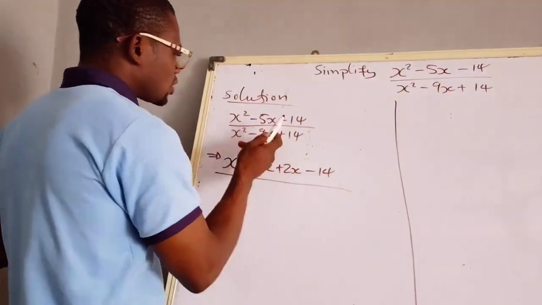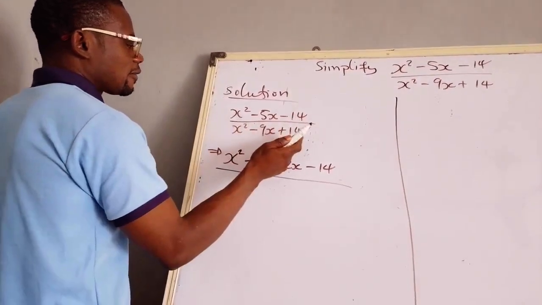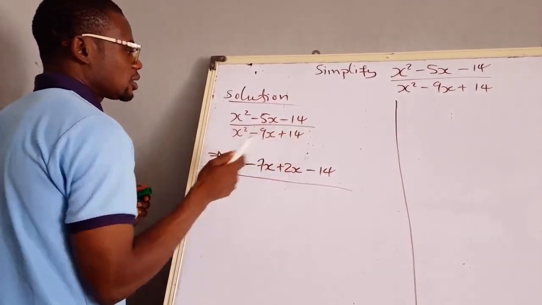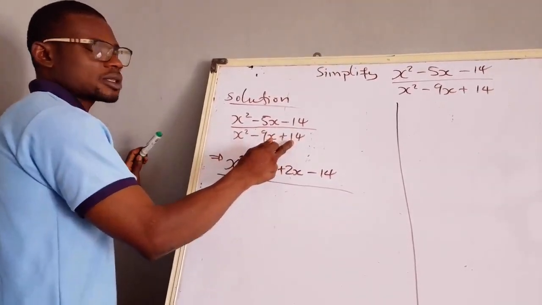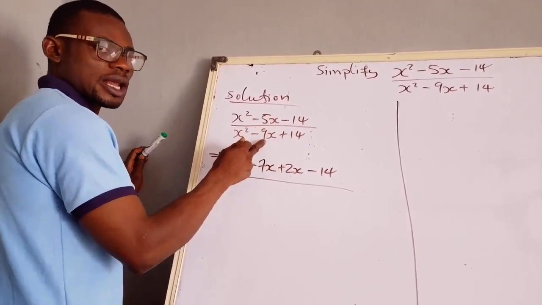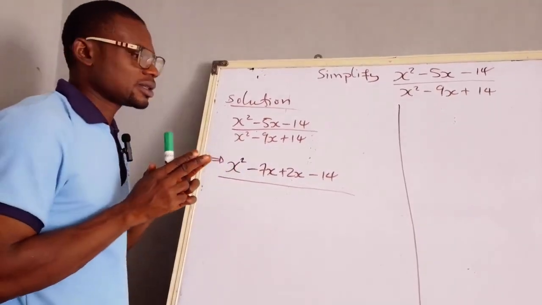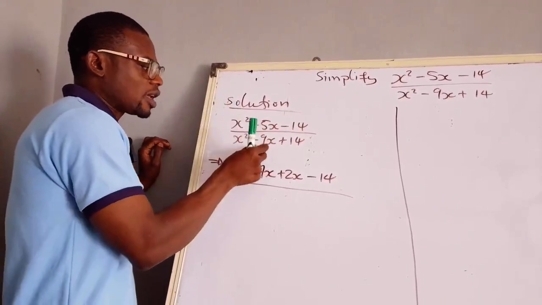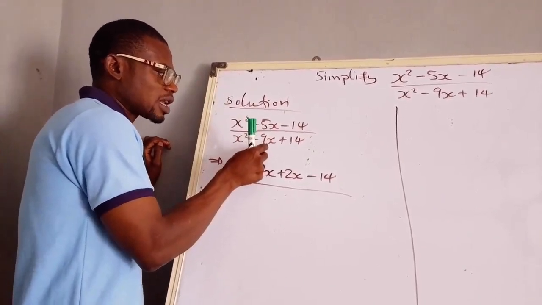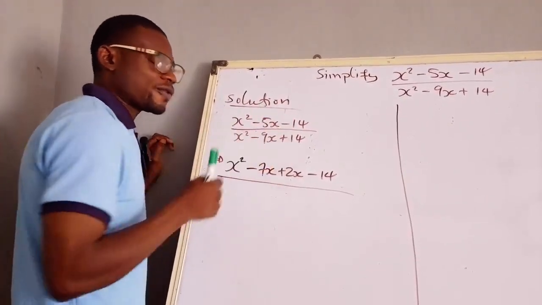So what about the denominator? 1 is also here. 1 times plus 14 is 14. Then we will be considering plus 14 and minus 9x. What are the two numbers that when we sum them up, they will give us minus 9x, and when we multiply them, they will give us plus 14?